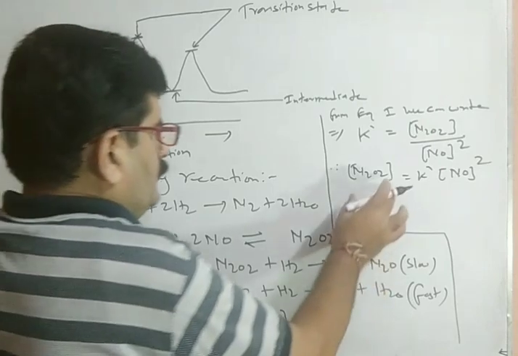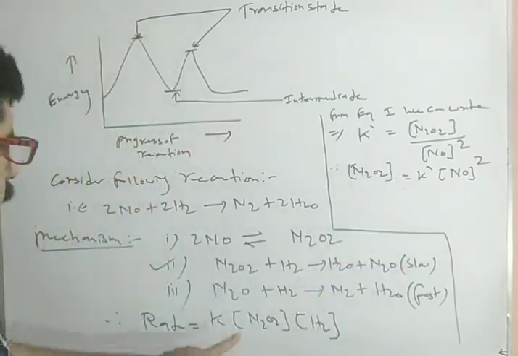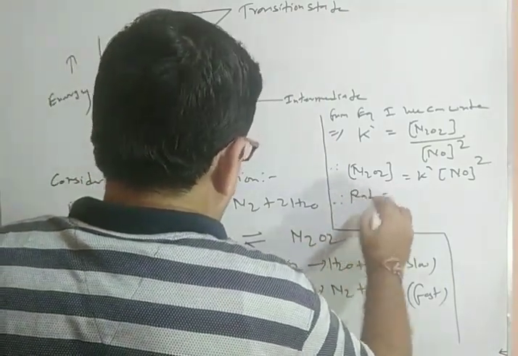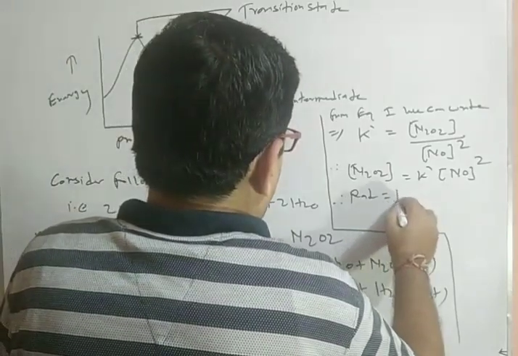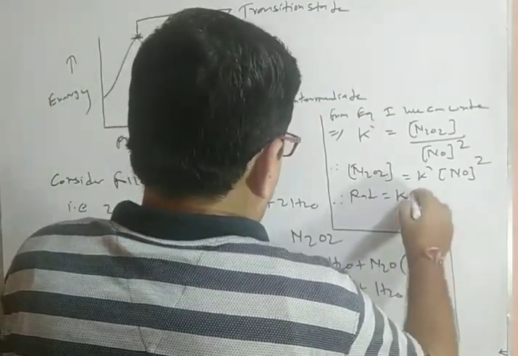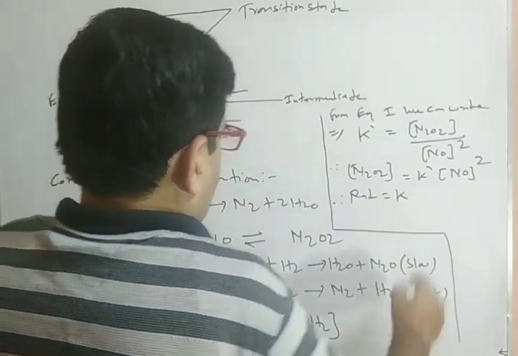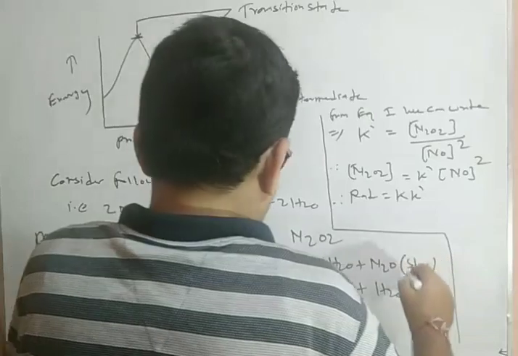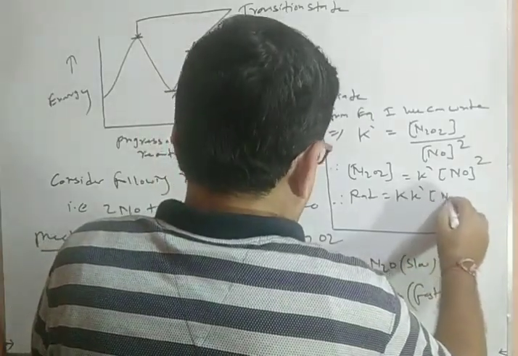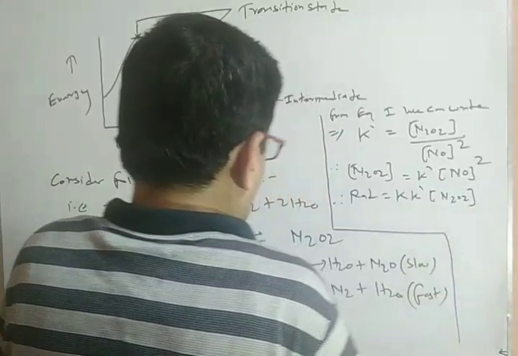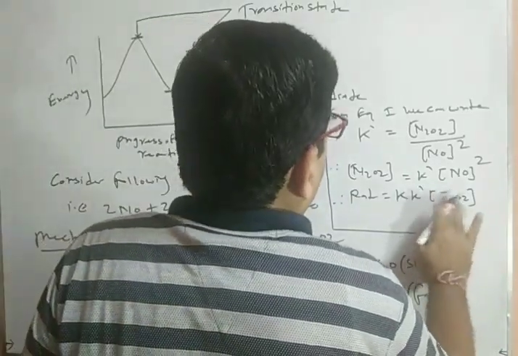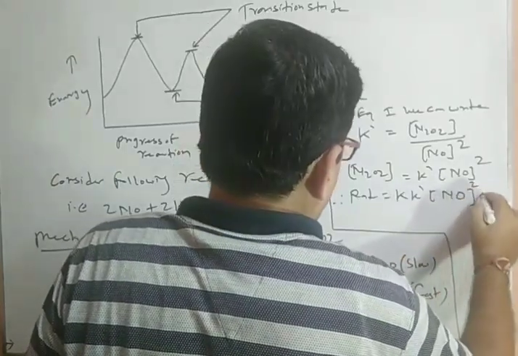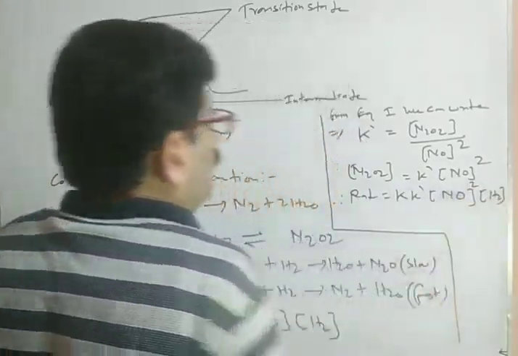Putting the value of N2O2 in this expression, therefore rate is equal to what? K K dash, instead of N2O2 we can write NO square and S2.